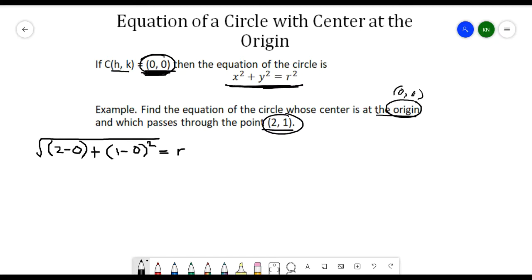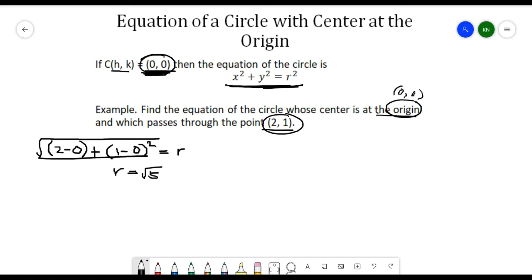Basically, it's just the same with the distance formula. It's just that in a circle, it is called the radius. So if you try to calculate this, r is equivalent to square root of 5.